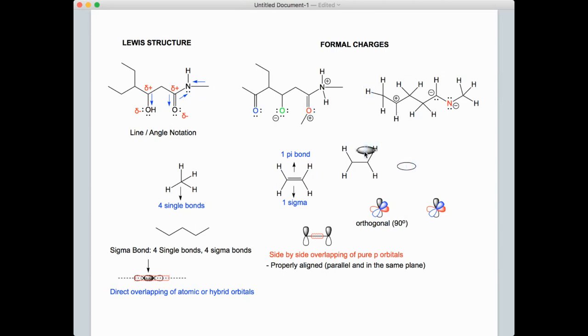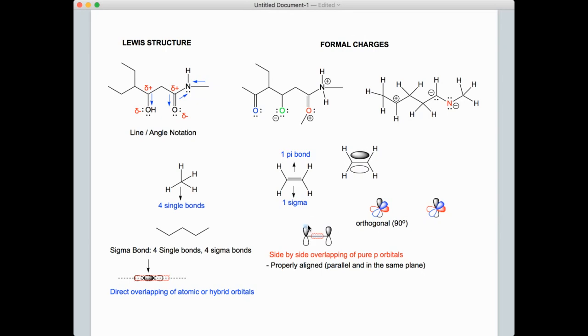The pi bond, as I said, is side-by-side overlapping of p orbitals, which means, guys, that any molecule with a double bond will have a cloud of electrons above and below the plane of the molecule. That's exactly what side-by-side overlapping means.